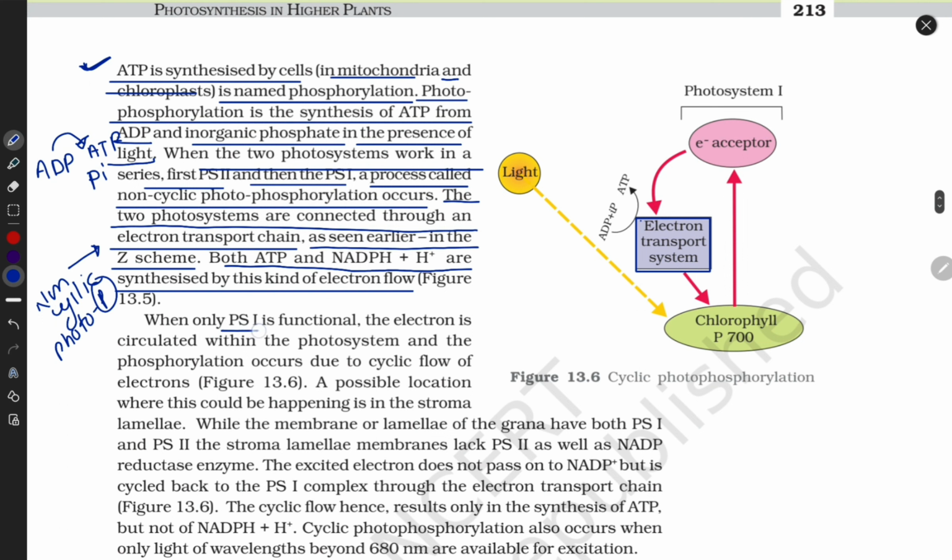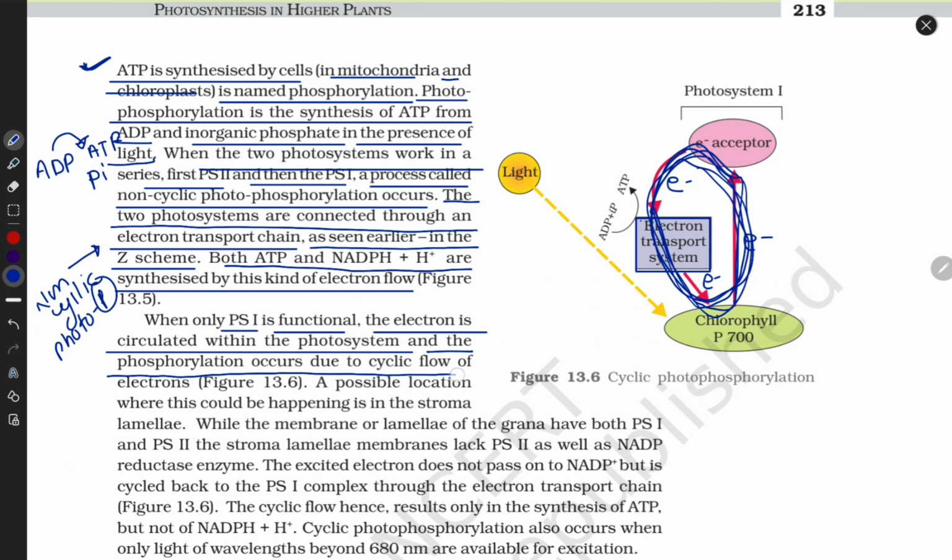When only PS1 is functional, the electron circulates within the photosystem. This electron circulates within the photosystem, here to here, here to here, again. So this is the cyclic pattern, guys, and the phosphorylation occurs due to the cyclic flow of electrons. Phosphorylation means ATP formation.